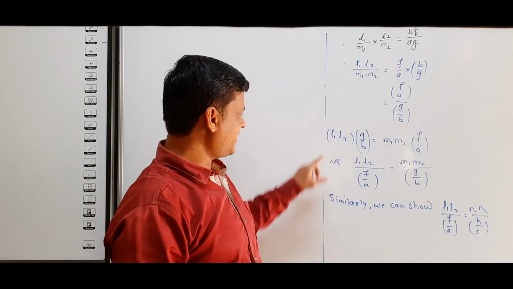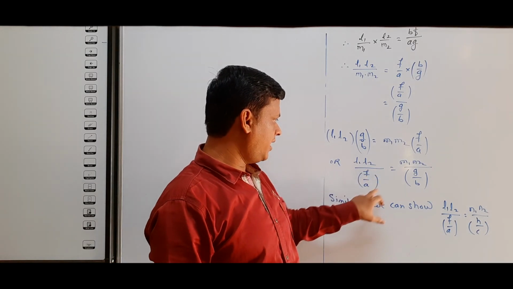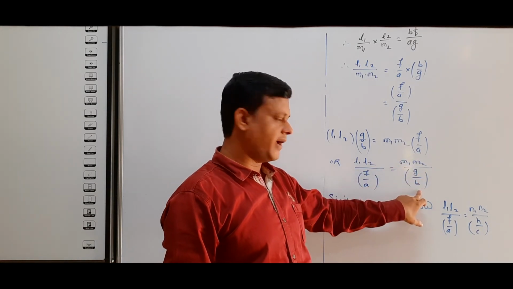So we write this as L1 L2 upon F by A equals M1 M2 upon G by B.